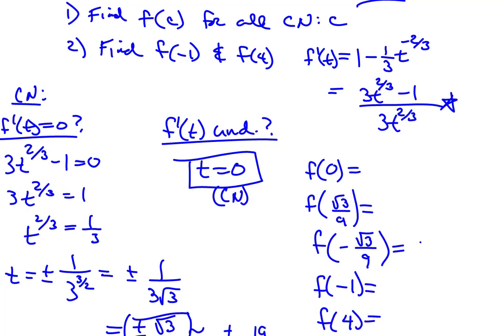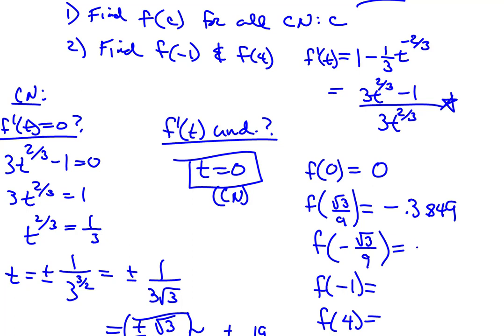To find the absolute or global mins and max of this function, all we need to do is evaluate all of these places from step 1 and 2, and then compare them. The greatest one's the absolute max, the least one is the absolute min. So we can estimate as needed here. F of 0 should be 0. F of root 3 over 9, estimated on a calculator, would be negative 0.3849.